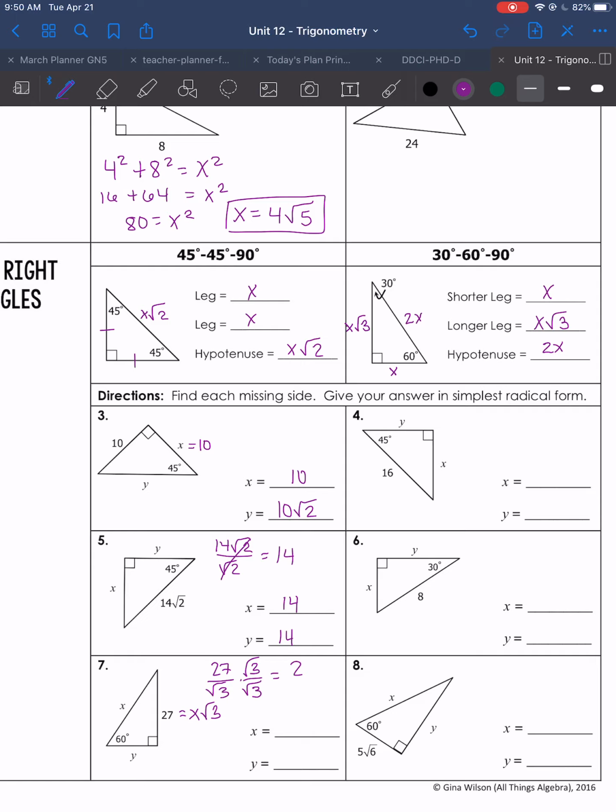So you get 27 square roots of 3 over 3. 27 over 3 is 9, so 9 square roots of 3 would be your shorter side, because this is the 30. So this would be your shorter side, so 9 square roots of 3. Then you're going to take that and multiply by 2, so you get 18 square roots of 3.